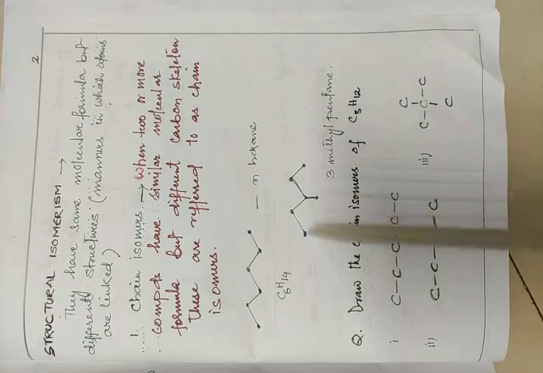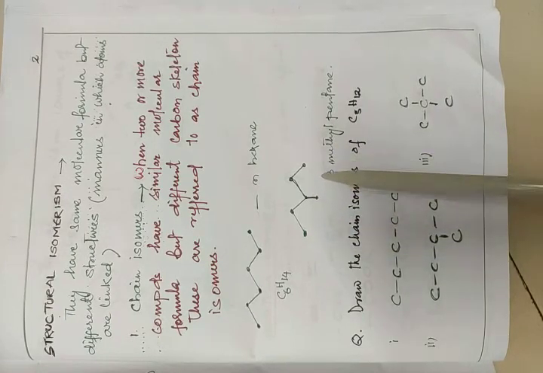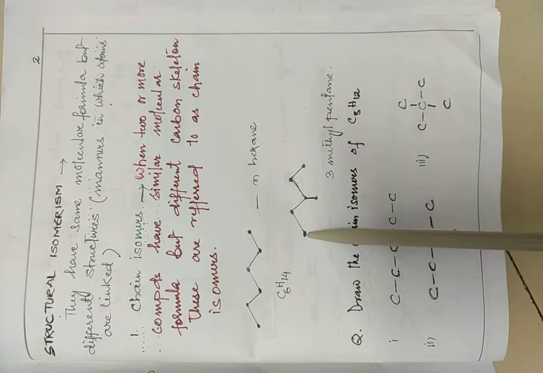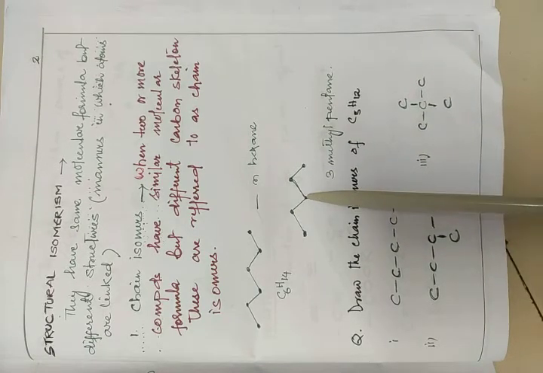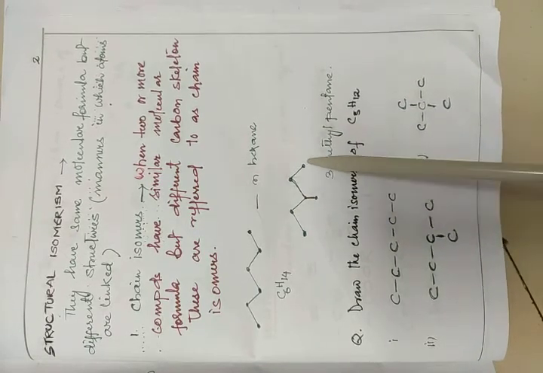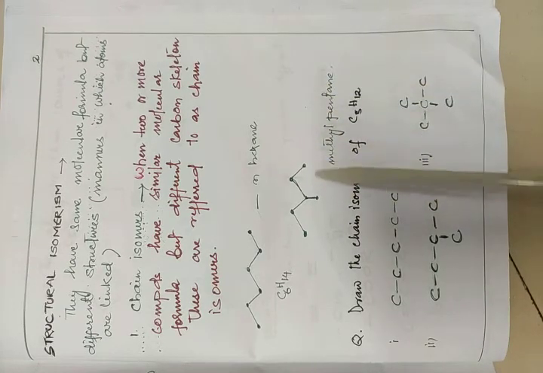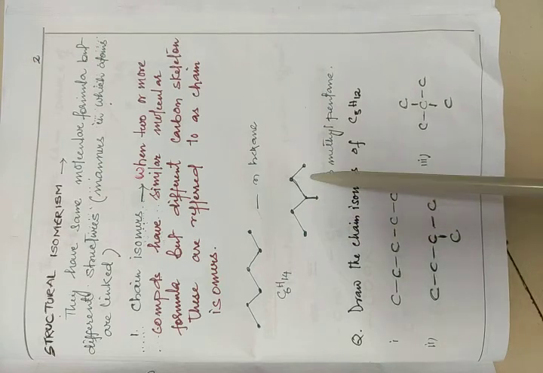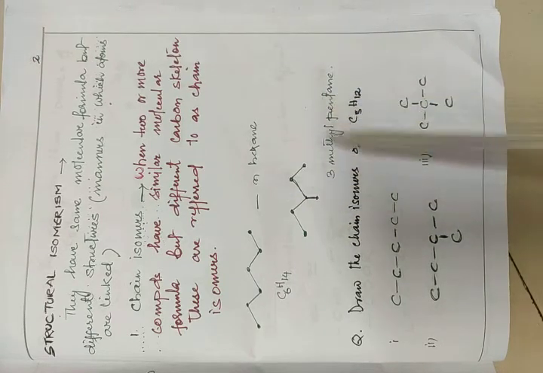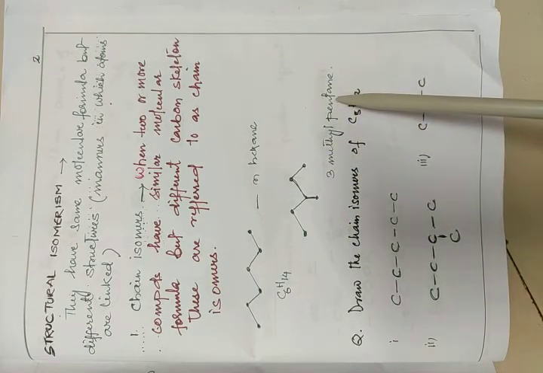Another one, we will see another structure. Here one carbon, another carbon, then another carbon, then one carbon, then one carbon. We already studied branch chain isomers. This is also a branch chain, but the name is different.